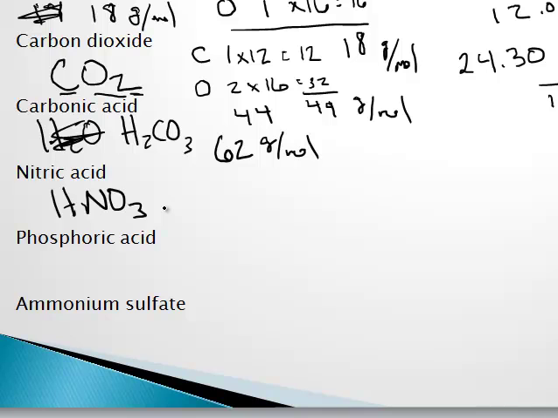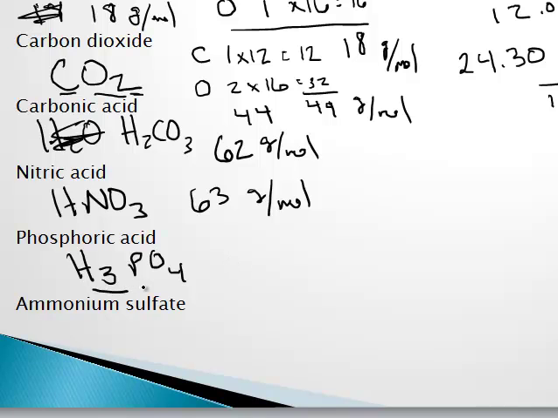So we have 1 plus 14 plus 3 times 16, and we get 63 grams per mole. Phosphoric acid is H3PO4. So we have 3 times 1 plus phosphorus is 31, so plus 31 plus 4 times 16 gives us 98 grams per mole.